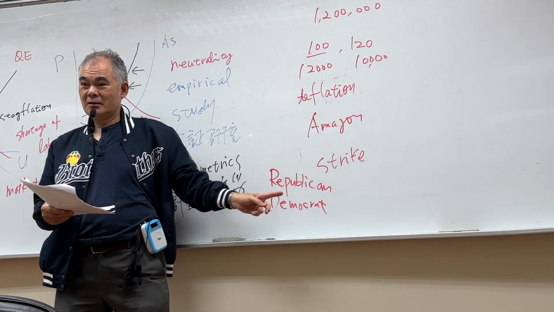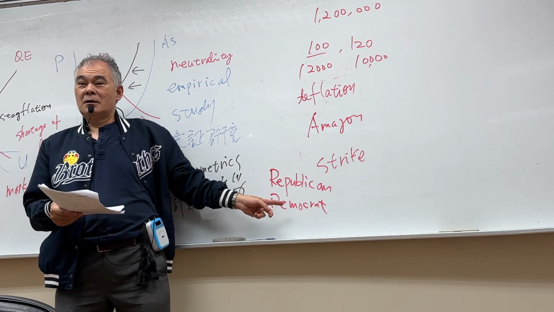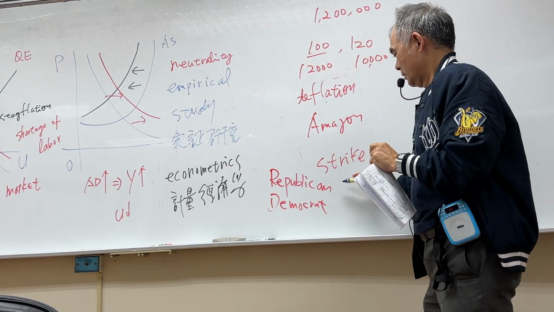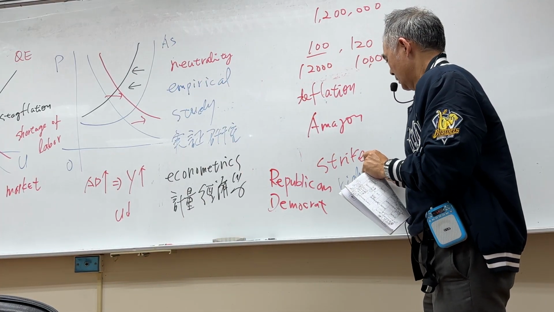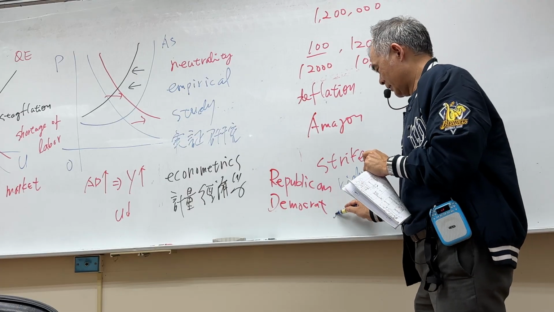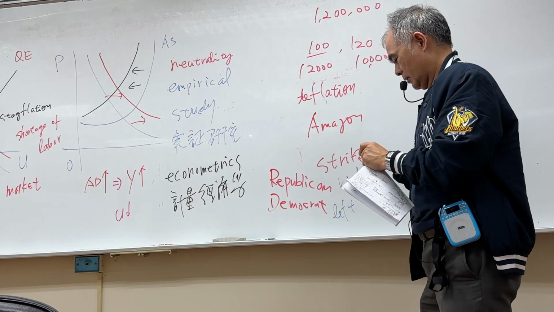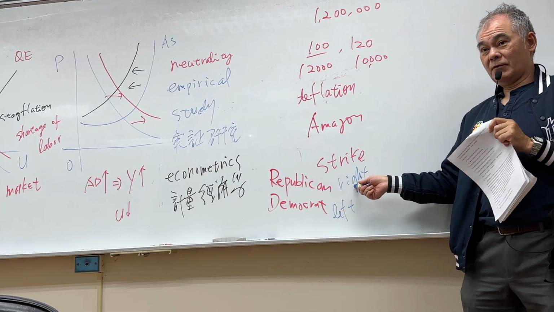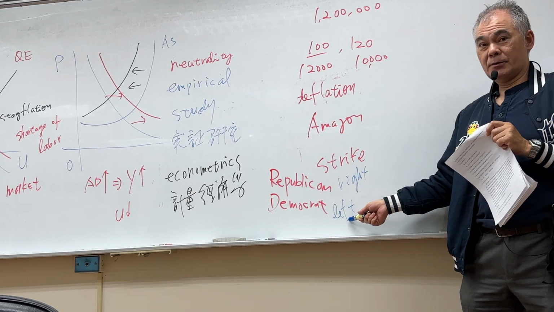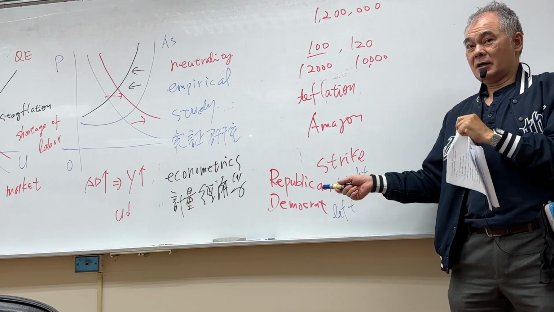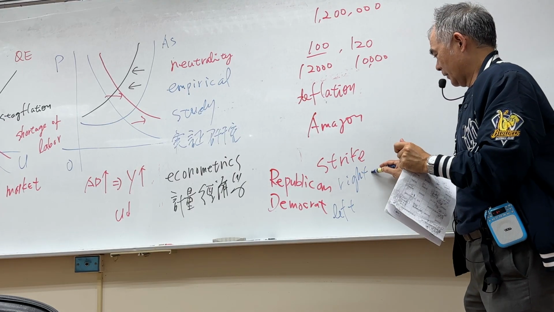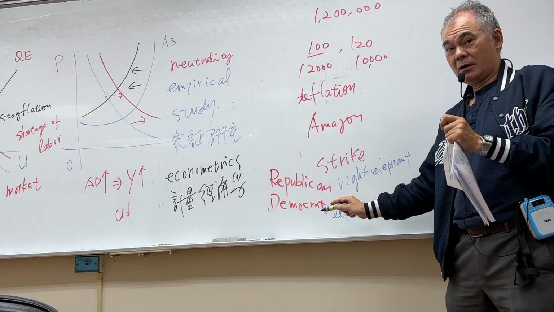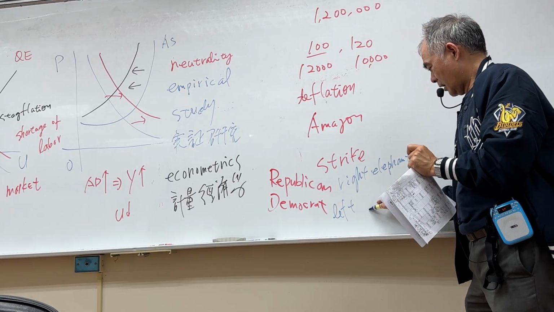Okay, Republican. Okay, why? So this is what we call right, and this is what we call left. 右派, 左派, okay? Conservative, okay? Liberal, and their icon is elephant, and their icon is donkey.